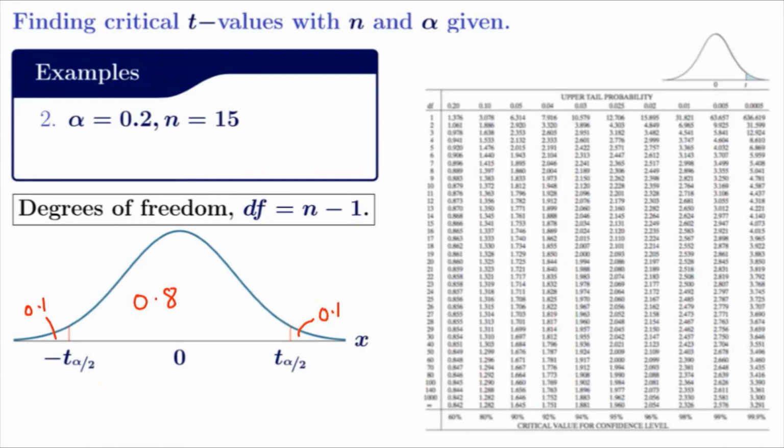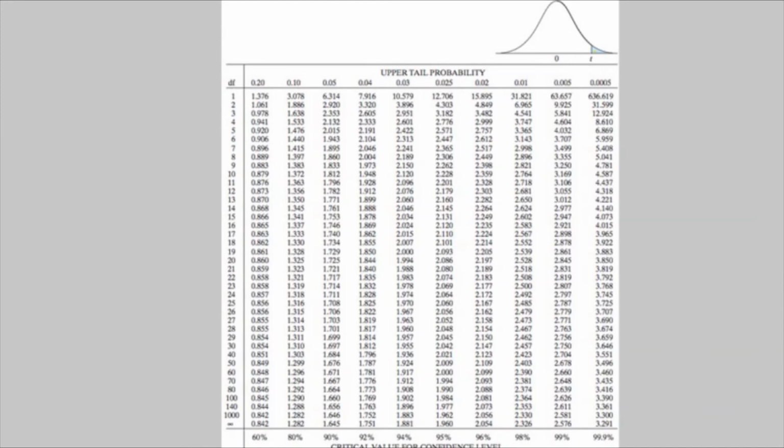So that means we look at the column of 0.1. So this column here. And to decide which row to look at, degrees of freedom, df. So df is given by the formula n minus 1, where n is sample size, which is 15. So in this case, it will be 15 minus 1, which is 14.